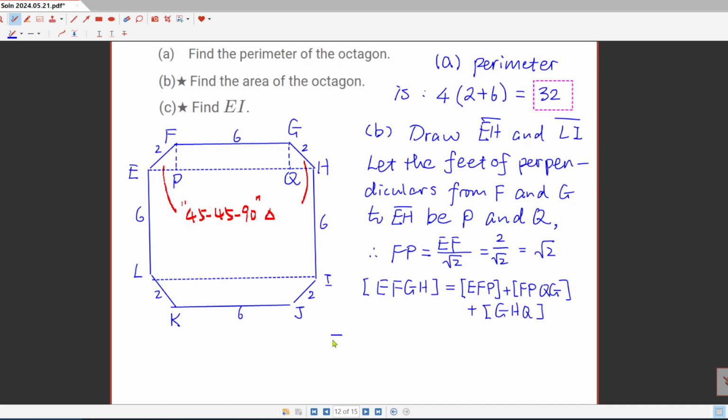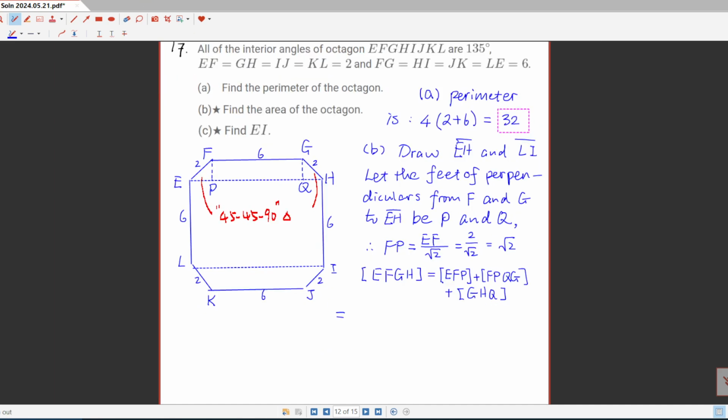And we now know how to calculate each of them. That's just 1/2 of square root 2 squared plus 6 times square root 2 plus another 1/2 of square root 2 squared, and eventually that area is 2 plus 6 square root 2, right?